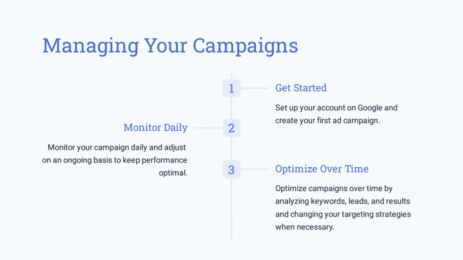So, check it daily, make sure that the budget is not being spent ineffectively, meaning you just set your budget, but nothing has come out of that. You need to pause that campaign, start a new campaign, reset your budget.